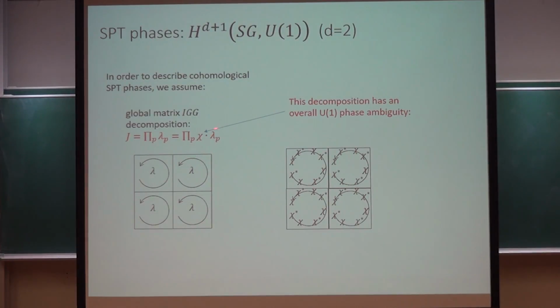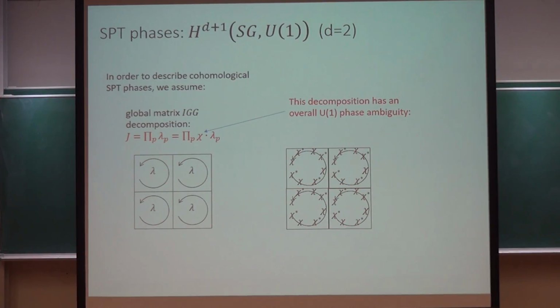I multiply this lambda p by this chi star. It's equally certainly another plaquette IgG, and the product of this plaquette IgG will give you the same J as before. And if you look at this over the whole lattice, there's only one phase ambiguity. If you fix this chi phase in one plaquette, you fix this chi everywhere, because you want to maintain this decomposition. So you want to maintain the product equal to the original J. So then there's only one phase ambiguity.